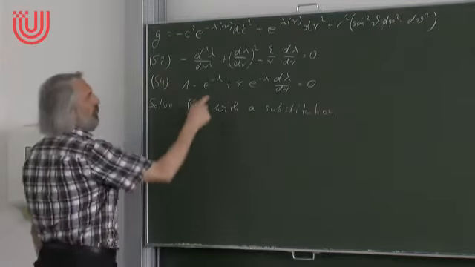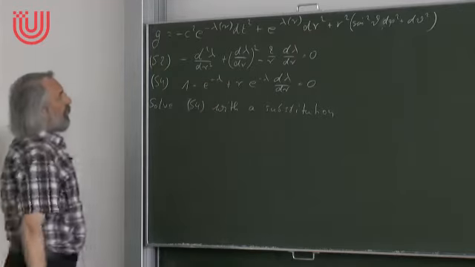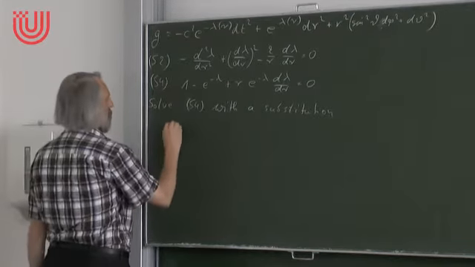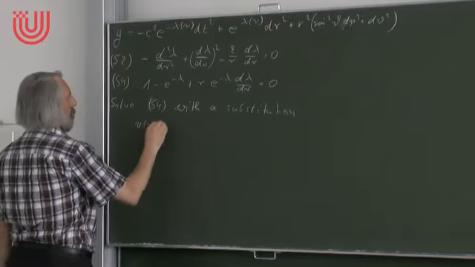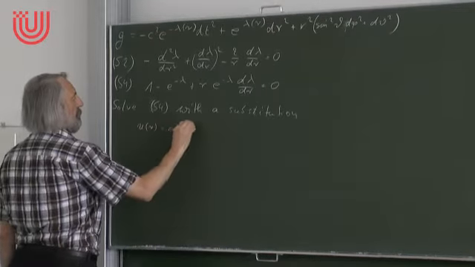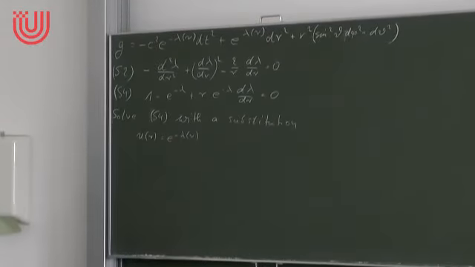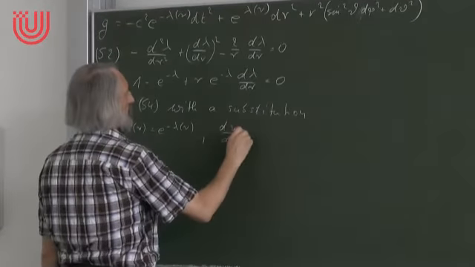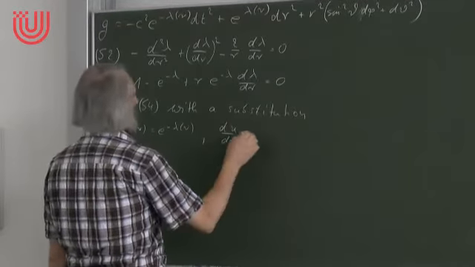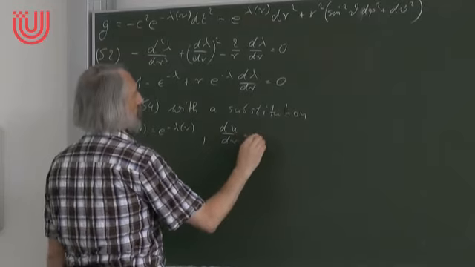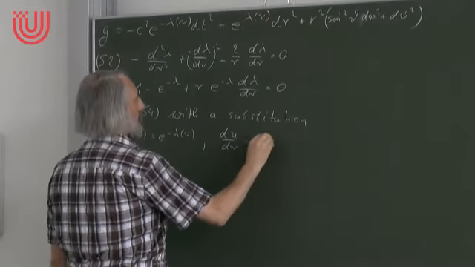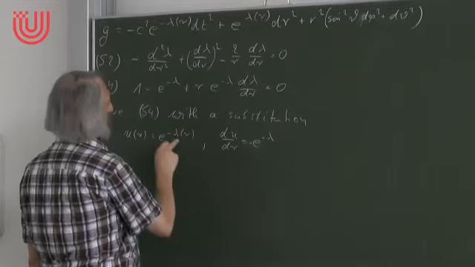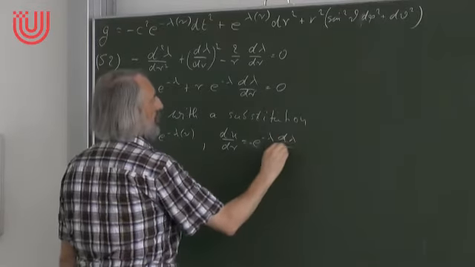And the substitution is that we write u or some other new symbol for e to the minus lambda. So we write u of r is e to the minus lambda of r. Then, of course, we get du by dr is e to the minus lambda, which is u, or I may write e to the minus lambda, and then with a minus sign, the derivative of lambda, right?